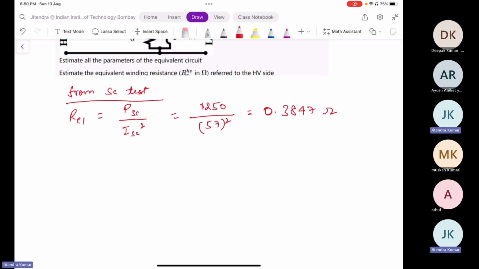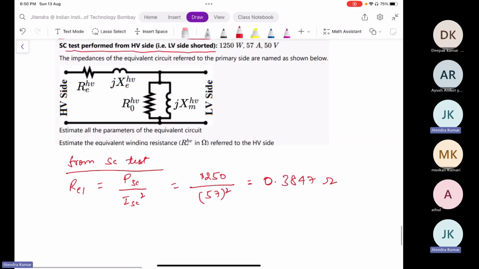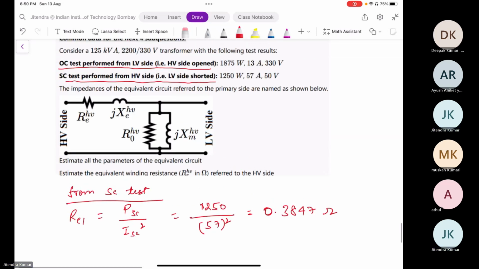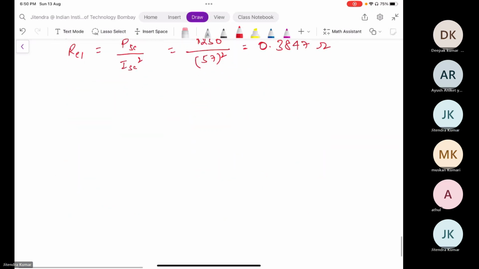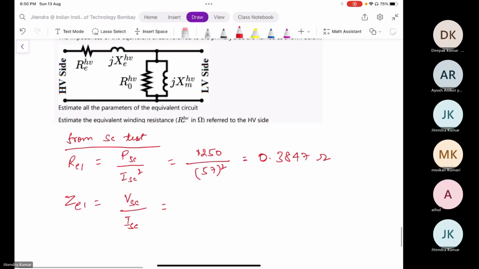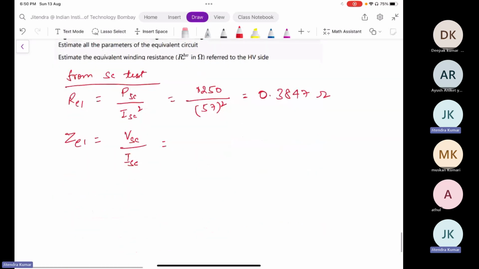So next thing, what should we compute from short circuit test? We have computed the resistance, right? Power divided by I square. And next thing we can compute the impedance, right? V by I. So 50 by 57.